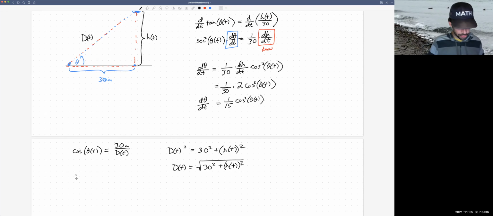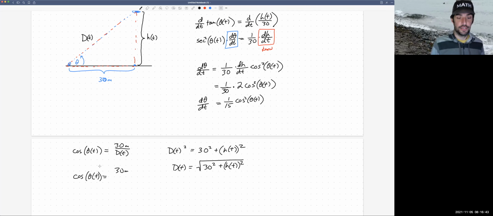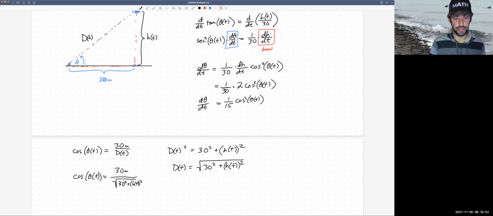So that means cosine of theta of t is equal to 30 meters over the square root of 30 squared plus h of t squared.